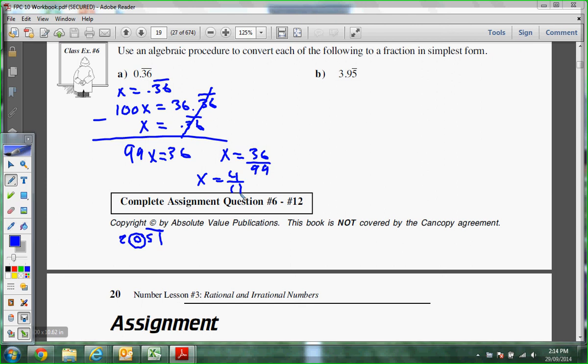All right, let's do one more here. And this one we're going to have to do the step I was talking about with the 10x this time, because there's a 9 in the way, and it's a 5 repeating. So x equals 3.95 repeating.